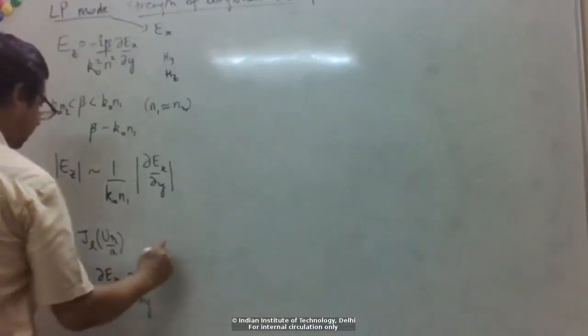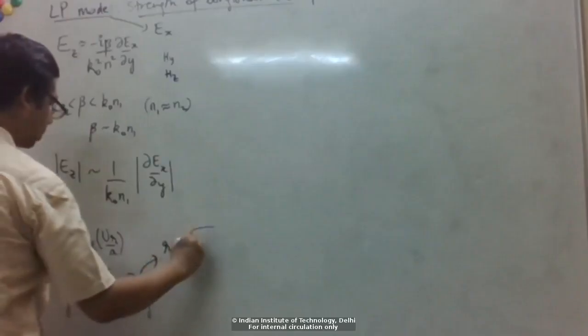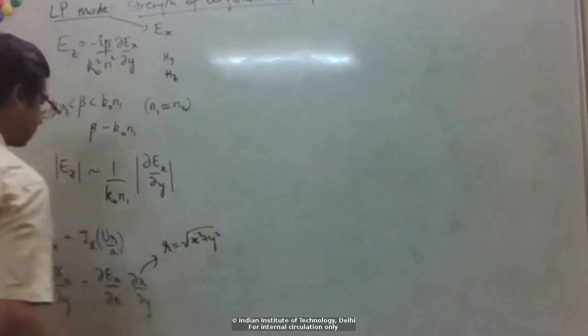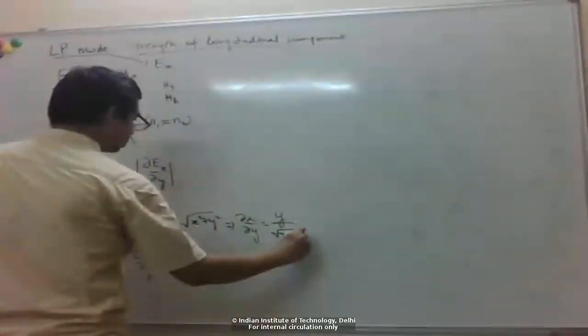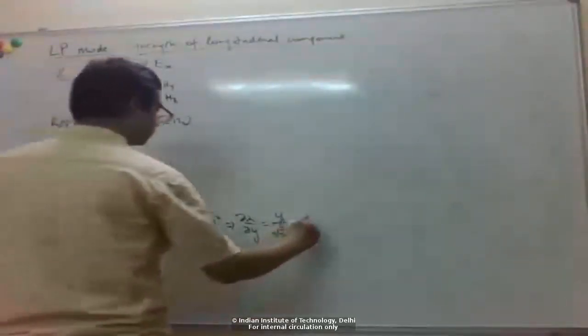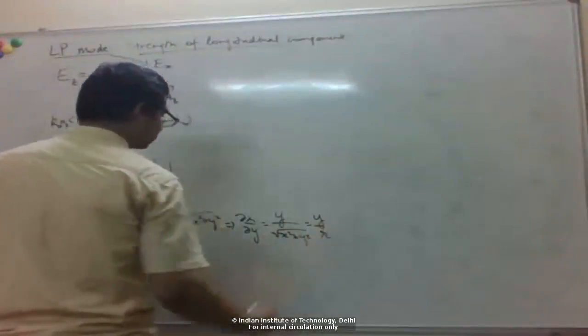For del r by del y, we write r as the square root of x squared plus y squared. So del r by del y is y by the square root of x squared plus y squared, which is y by r.